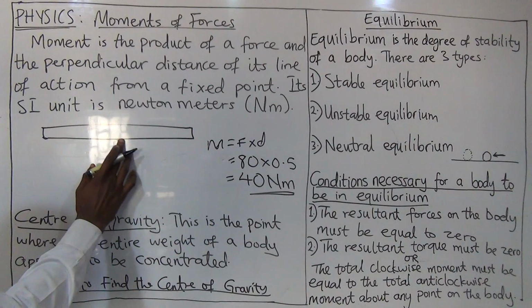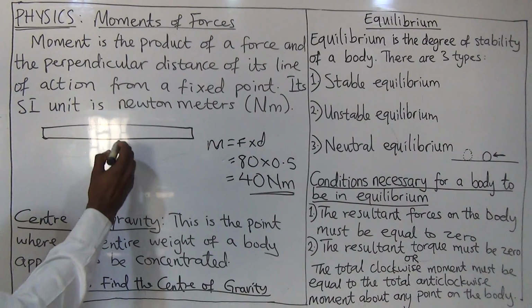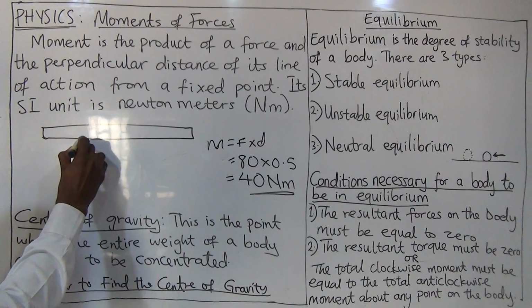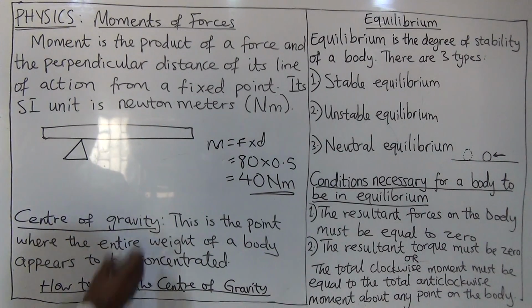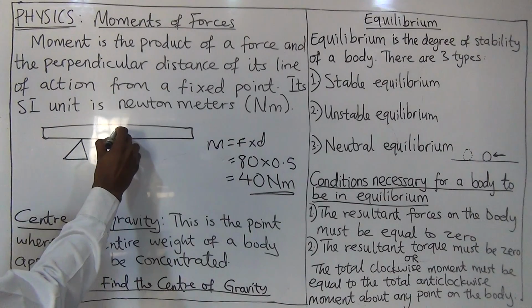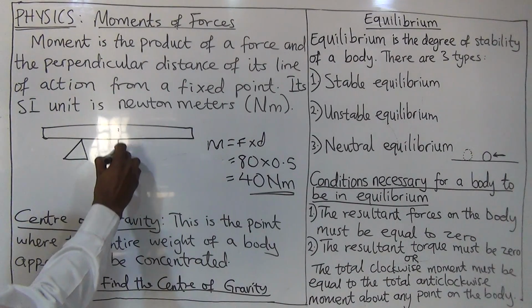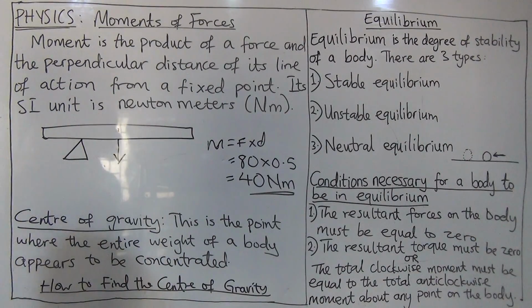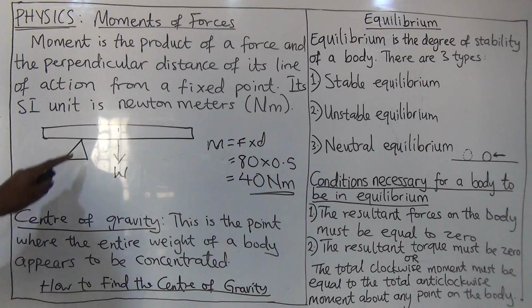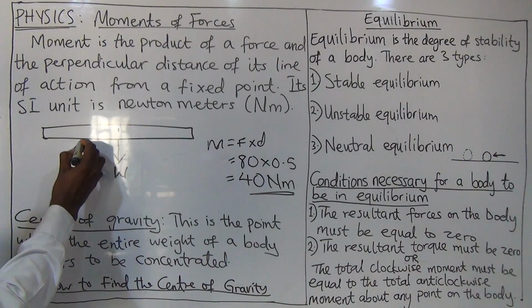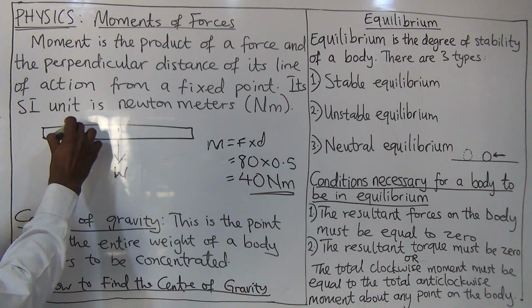But if I don't support it at the center of gravity, if I support it at this end, for instance, then the beam will not be balanced. Why? Because the center of gravity of the beam is at the center. That means the weight of the beam is located at the center of gravity. Now, the center of gravity, that's where the weight is located. And the knife edge, that's where we consider the pivot to be.